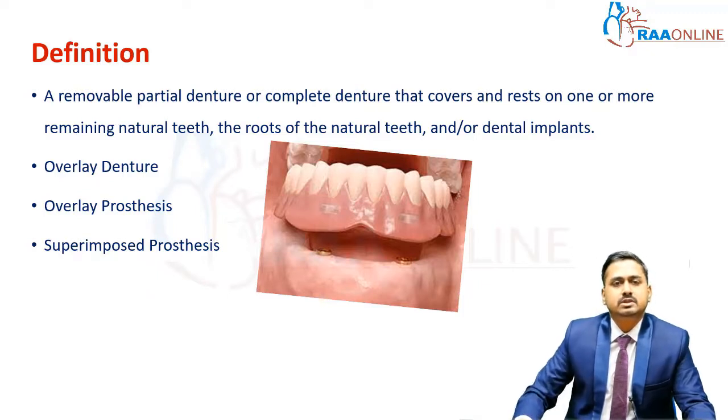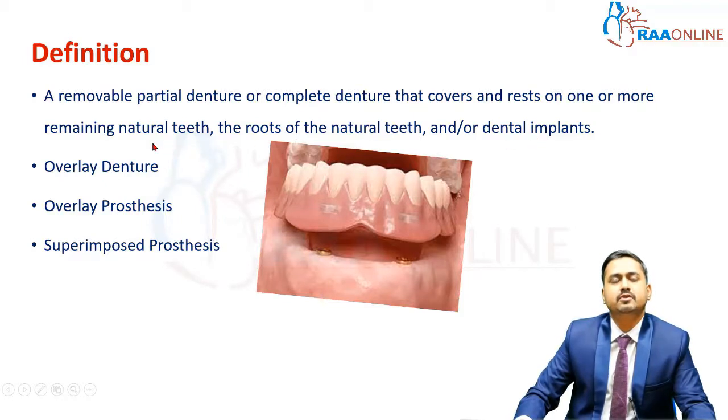You have to have knowledge about two different sections here. Starting off, it can be either a partial or a complete denture, so it can be used to replace a few missing teeth or an entire missing arch. Next, it covers or rests on one or more remaining natural teeth, tooth roots, or dental implants.